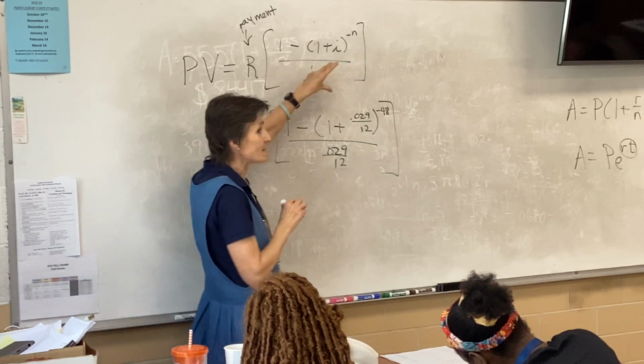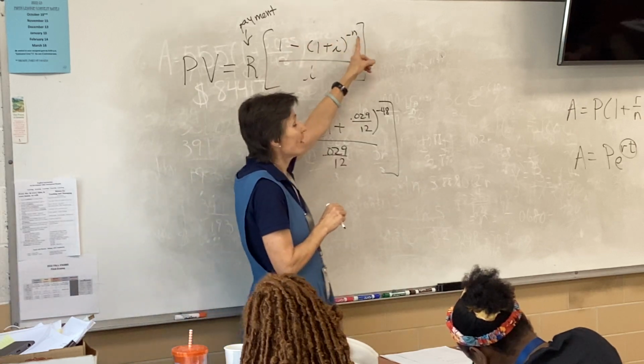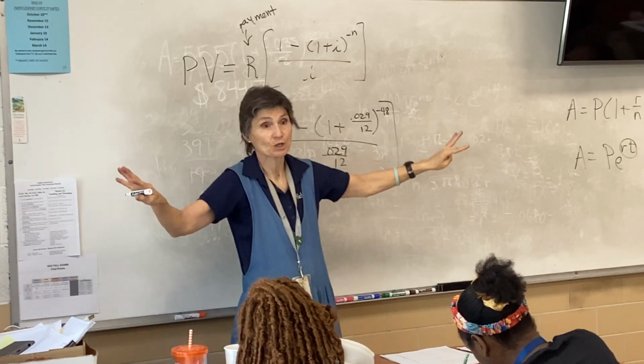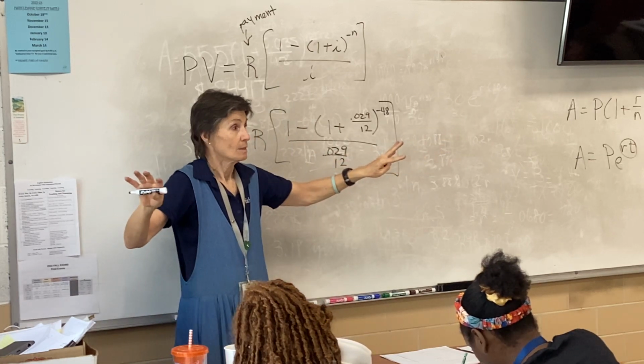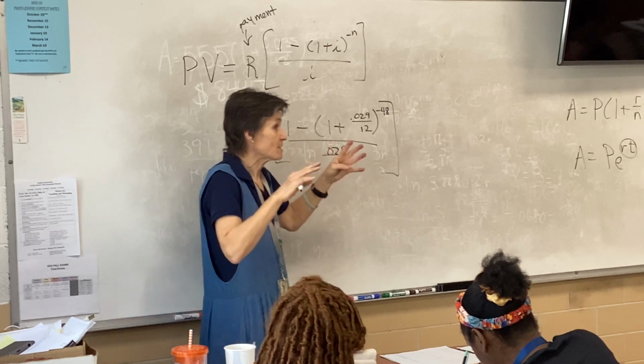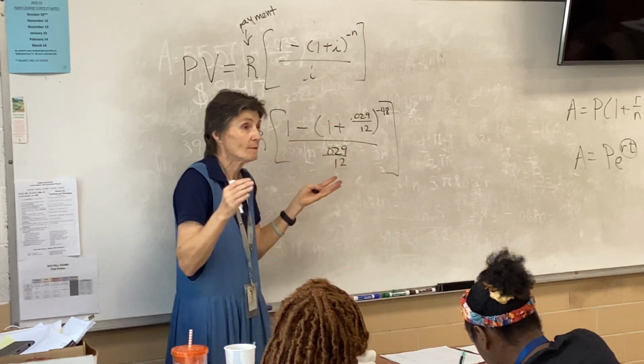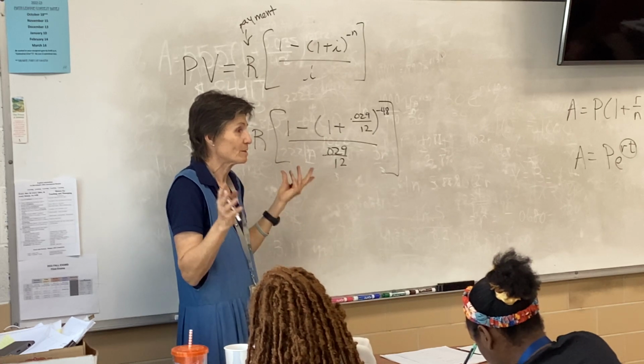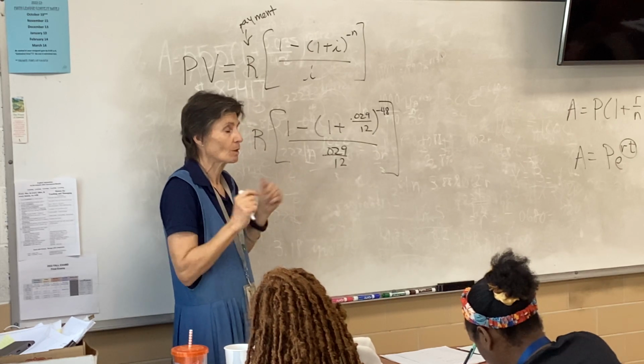So in these formulas, N is the total number of payments over the duration of the loan. So if you have a 30-year mortgage, which many people do, then your N would be 30 times 12. A big number, 360.